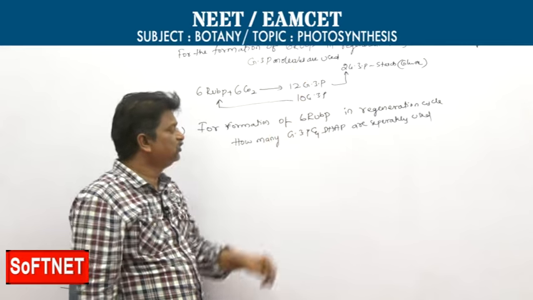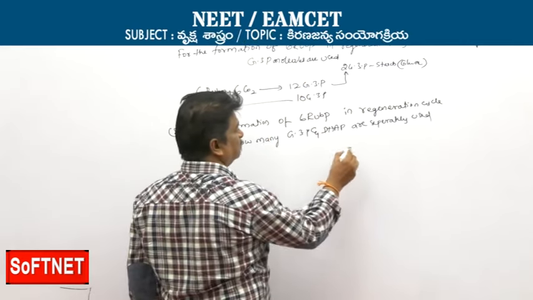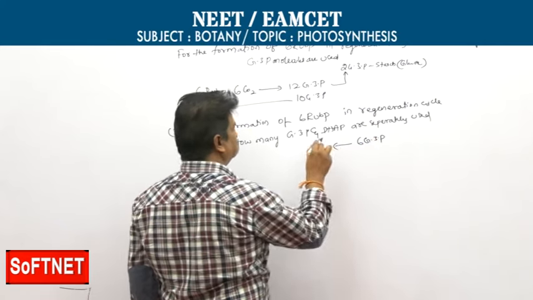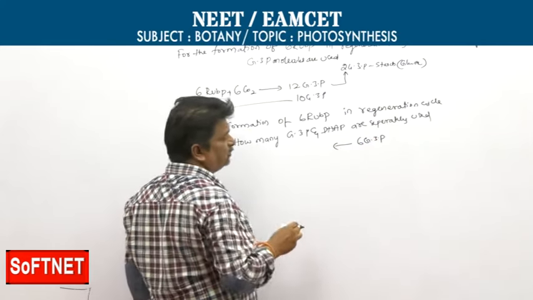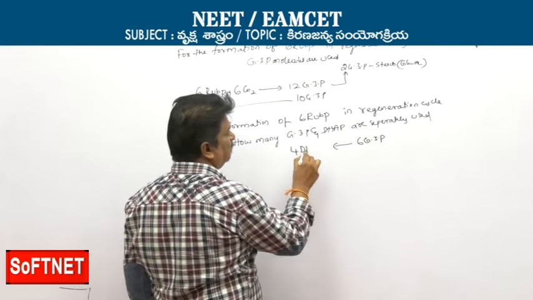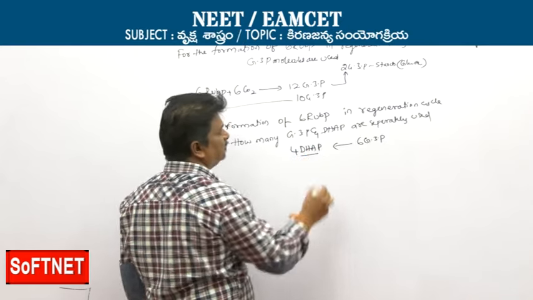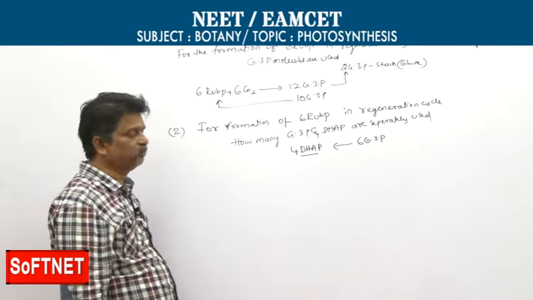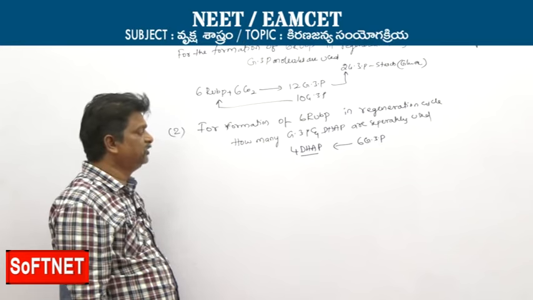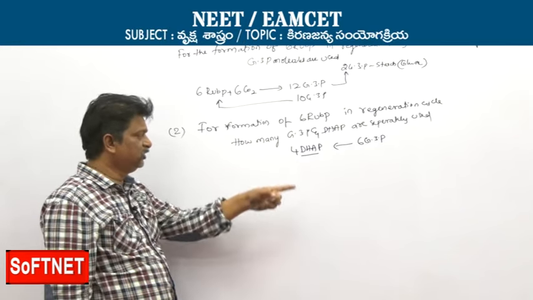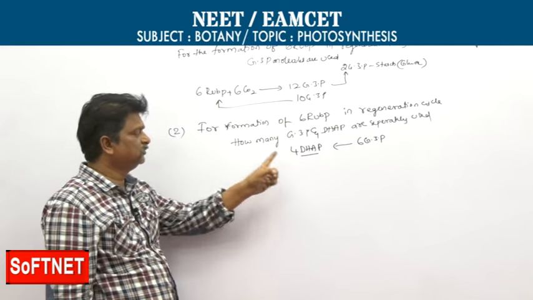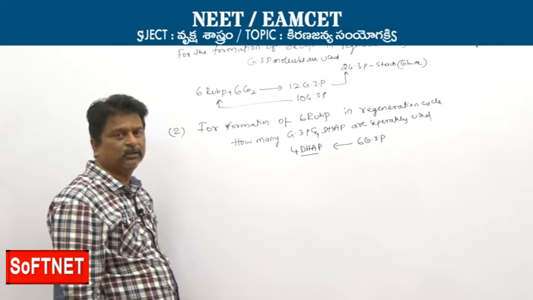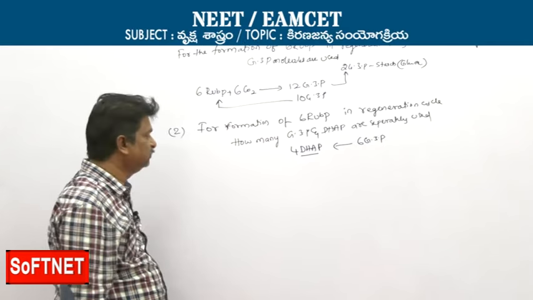Total 10 G3P are used, but out of 10, 6 G3P are directly used for regeneration of 6 RuBP, and 4 molecules of DHAP. Out of 10, 4 molecules of G3P are isomerized to 4 DHAP and the remaining 6 G3P are directly used. So, the answer is 4 DHAP and 6 G3P.